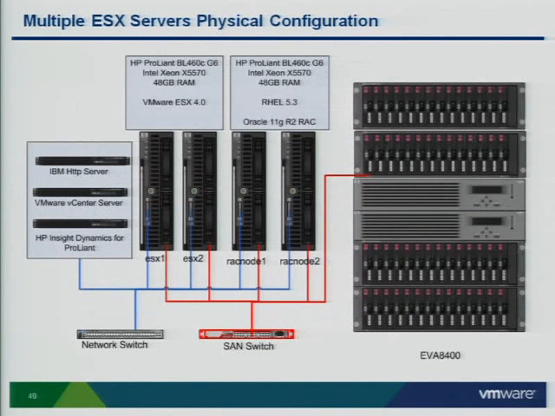In the next configuration, what we are showing is load balancing across multiple ESX servers and how you can improve the performance and response time when running on multiple ESX servers.